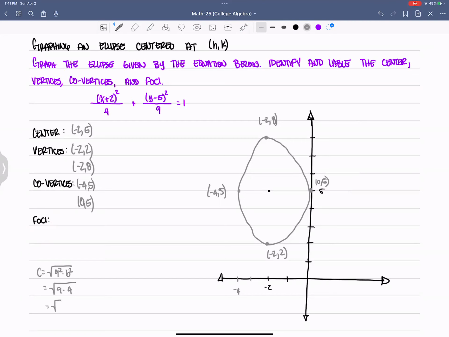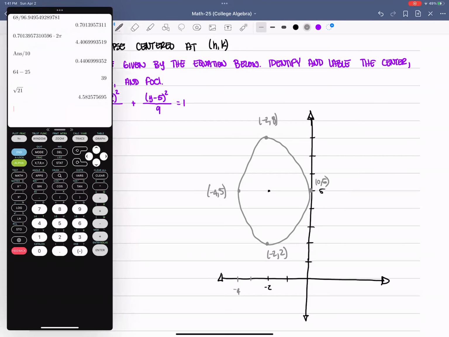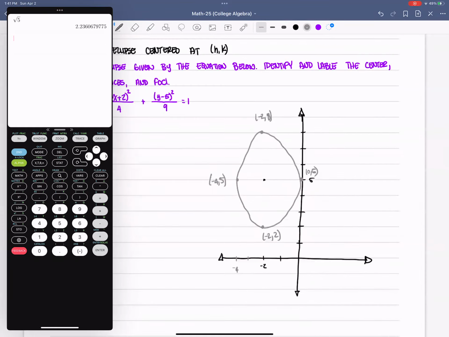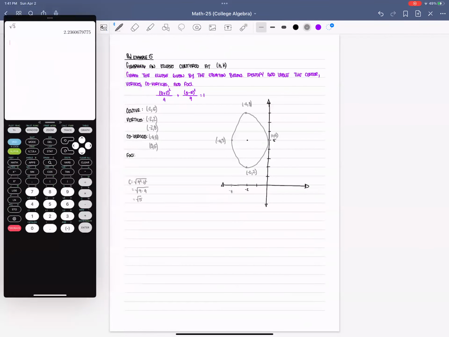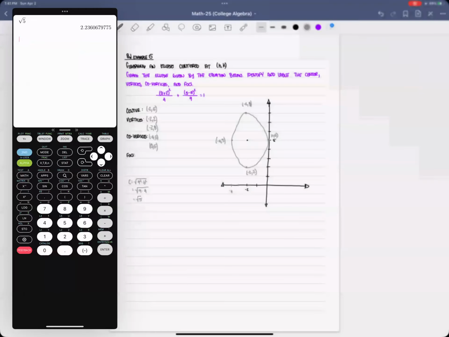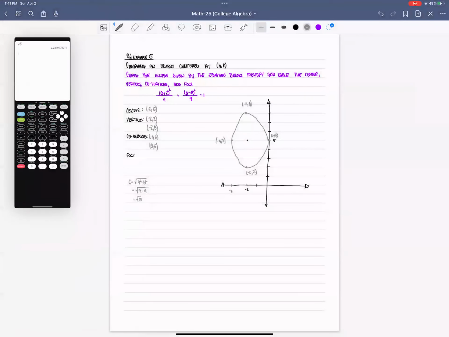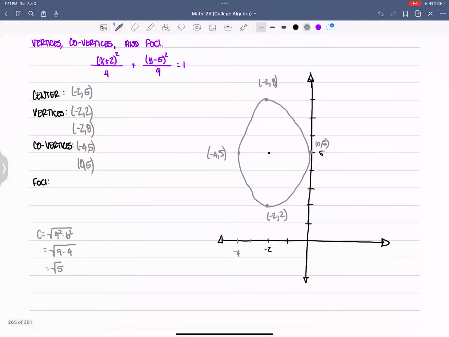So we're looking at the square root of 5. And the square root of 5, just so we have a number, is 2.24-ish.